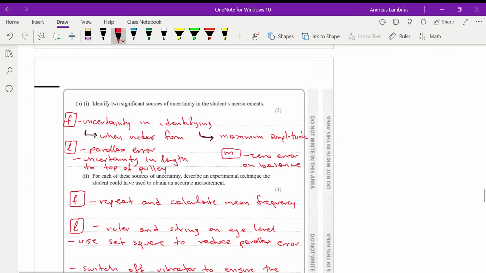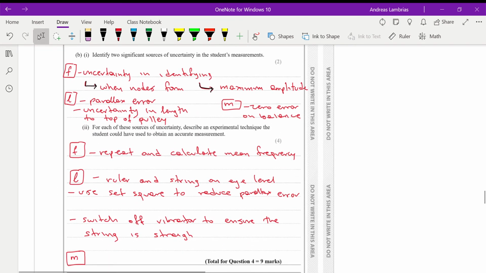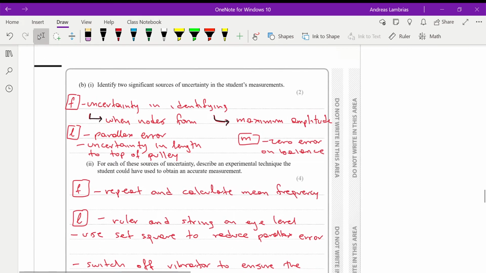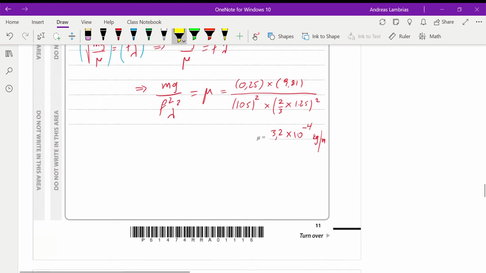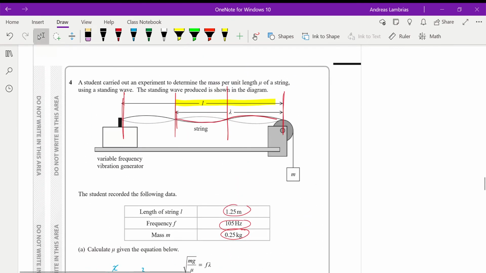Now for the next question, I have already written down the answers just to save some time and make this video a bit shorter. We need to identify two significant sources of uncertainty in the measurements of the student. There are three categories that can cause uncertainty. First one is about the frequency. If you have done this in class, you know that we are changing the frequency until we see this standing wave.